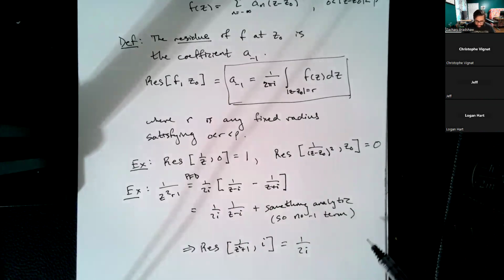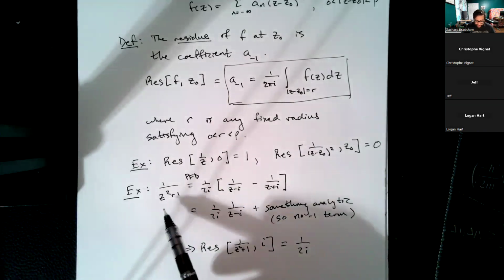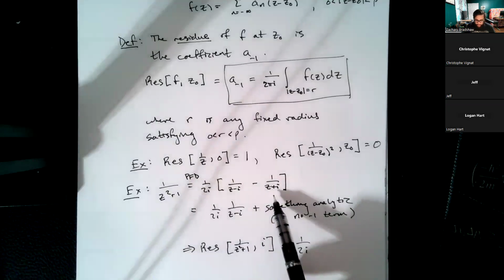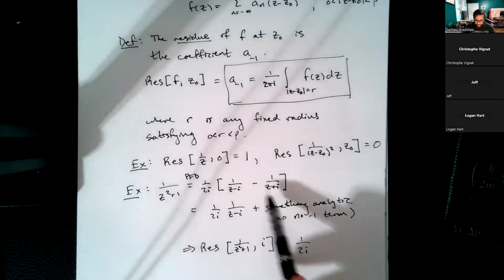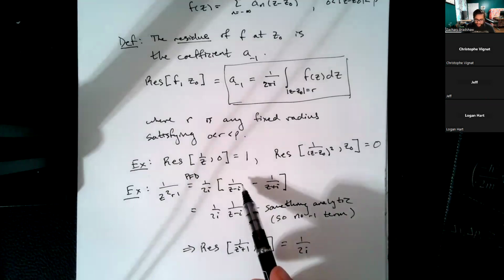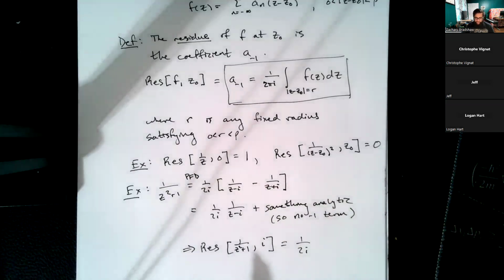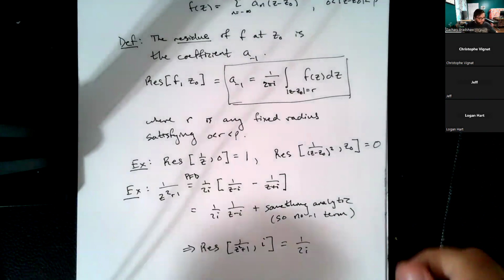Okay, so there is also a singularity at minus i here, but I could do basically the same thing, expanding this guy instead as an analytic function in z plus i.